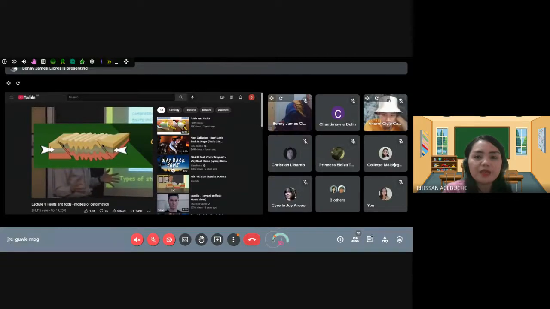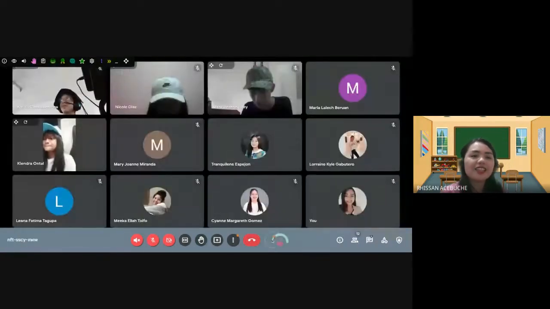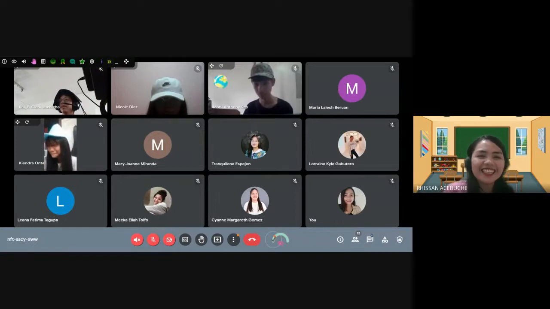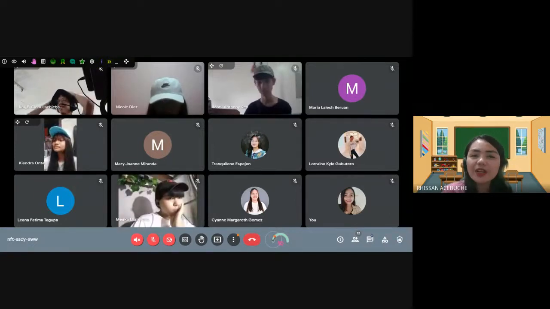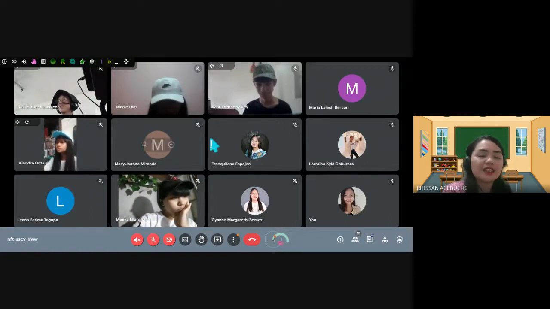Let's check group number 3. This group is wearing real hats. Very good. They're silently working on their activity sheets and their final output. I like your hat, Nachika. Very resourceful.